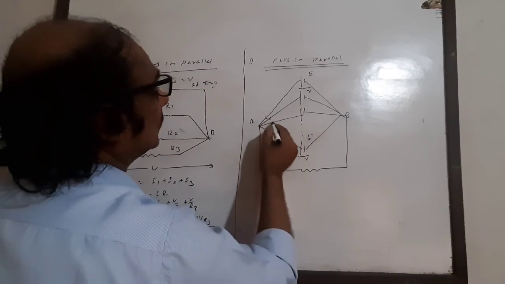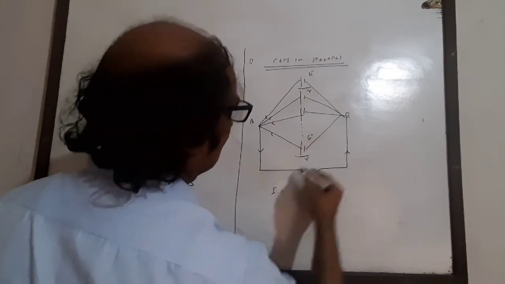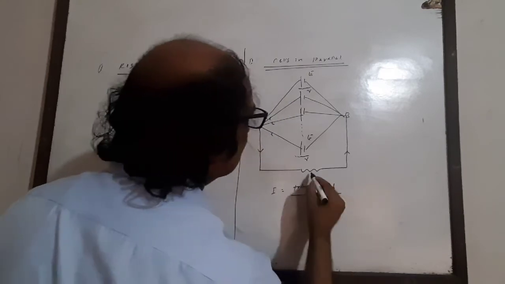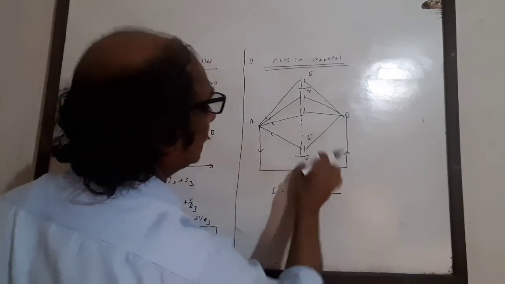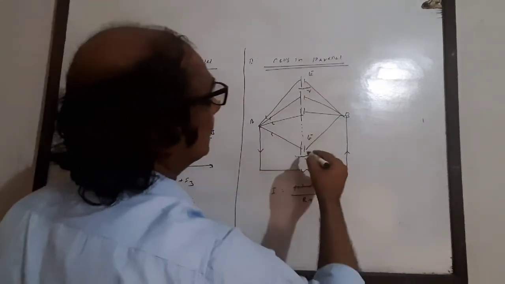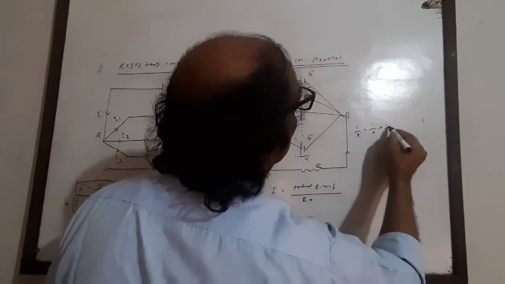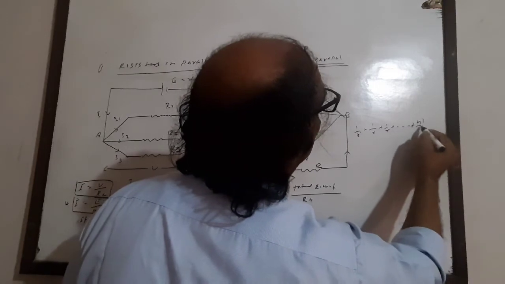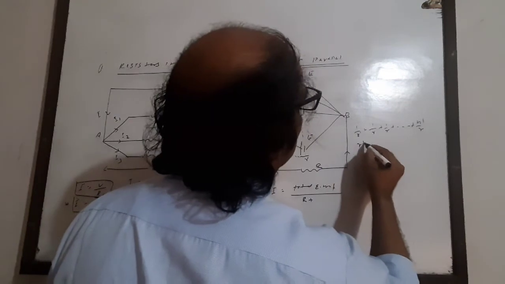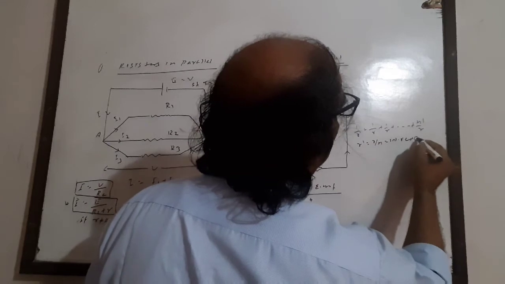So the total current I equal to total EMF by total resistance, means external plus internal. So external resistance capital R, and internal resistance means cells are in parallel. So total equivalent 1 by r plus dot n by r, because n is the total number of cells. So r dash equal to r by n, and this is the internal resistance.